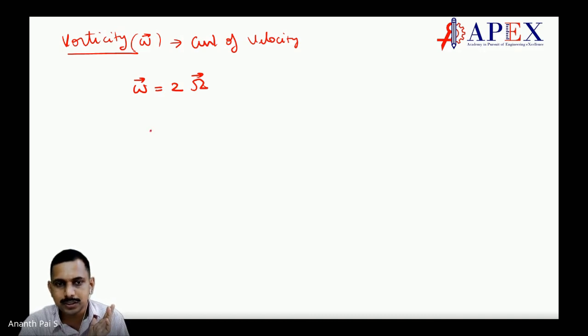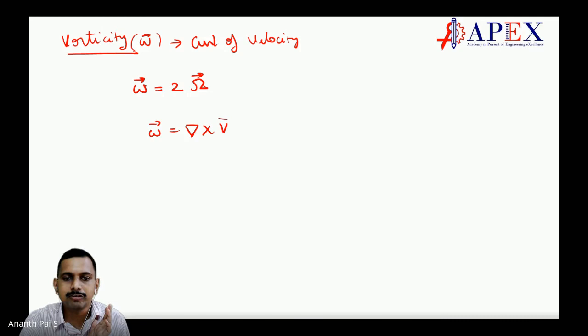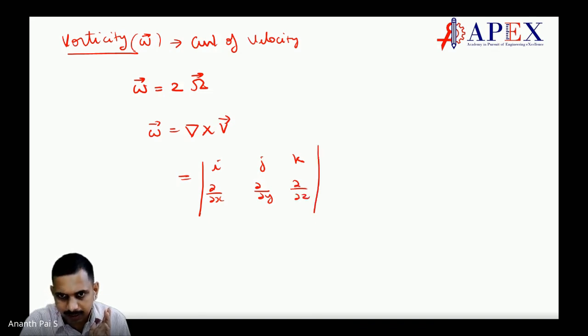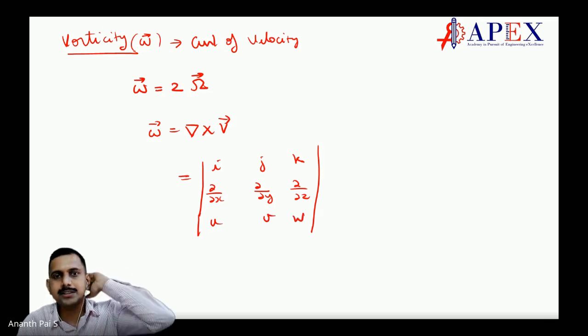So what is vorticity? Vorticity is nothing but del cross V. What is del cross V? It is i, j, k, and then you have here dou by dou x, dou by dou y, dou by dou z, and on the other side you have u, v, w. That is curl of velocity.